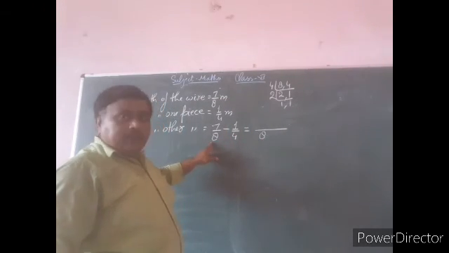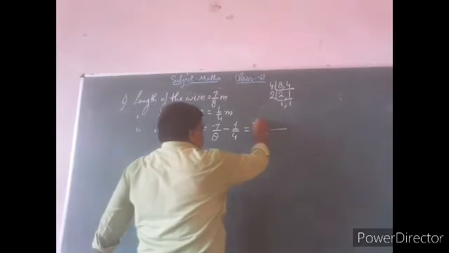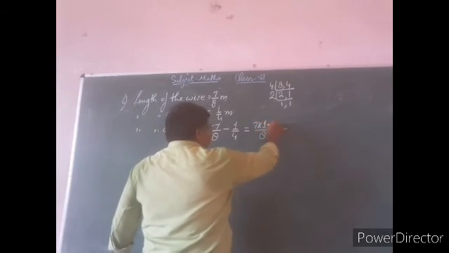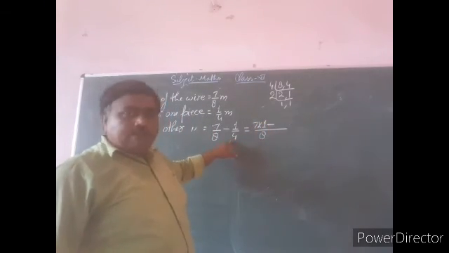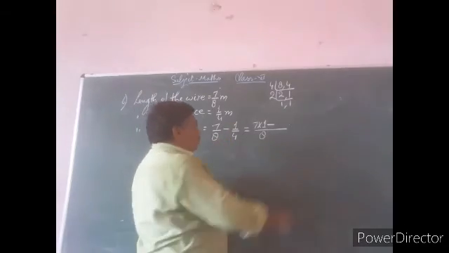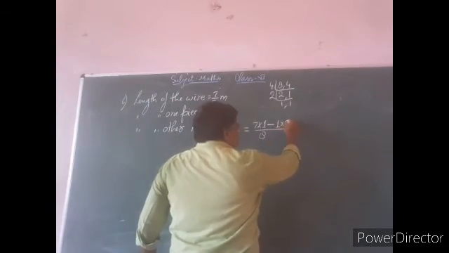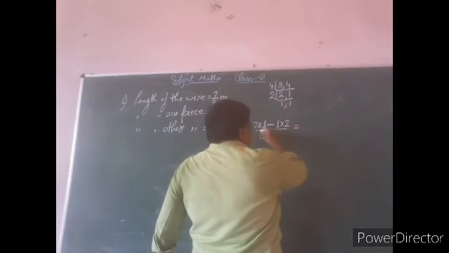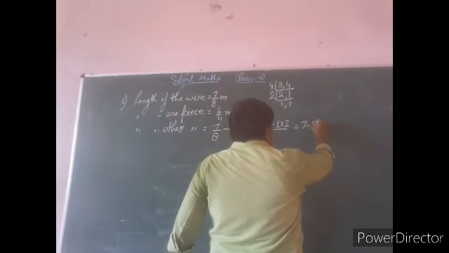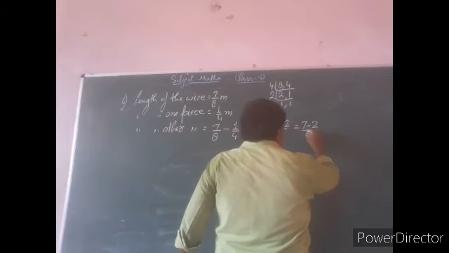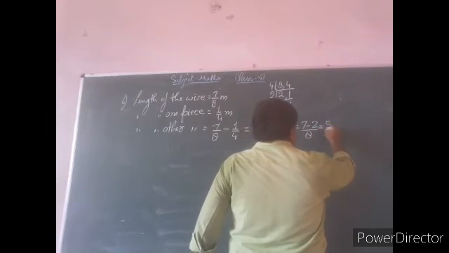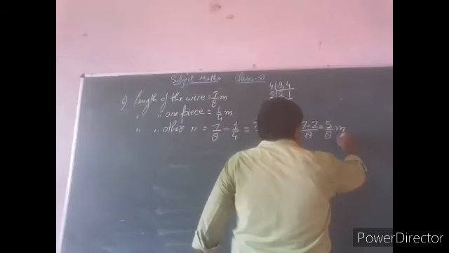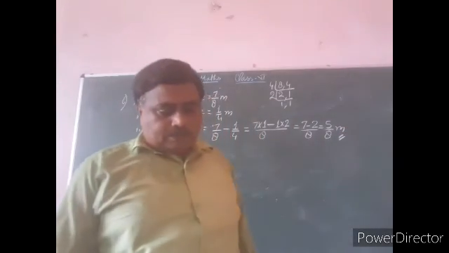Divide this 8 by 8, it is 1. So 7 into 1 minus 8 divided by 4, it is 2. So 1 into 2. 7 1s are 7 minus 2/8 equal to 5/8 meters.